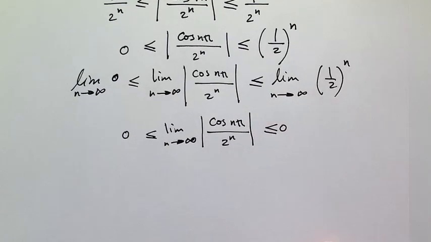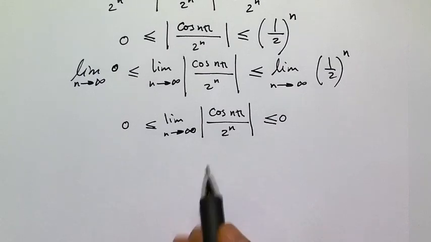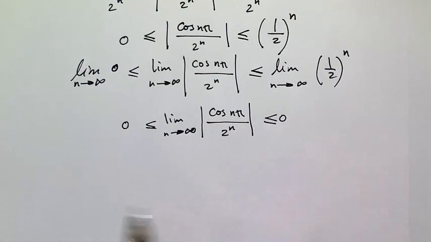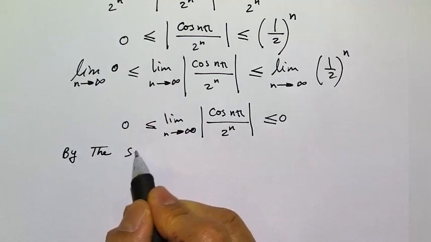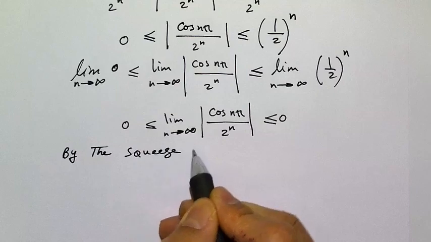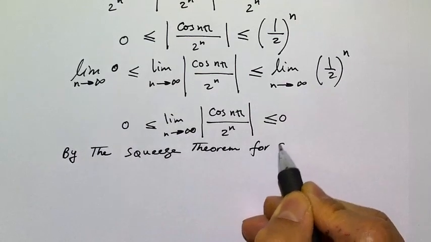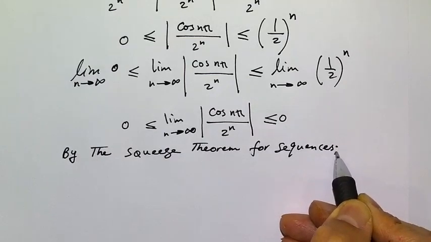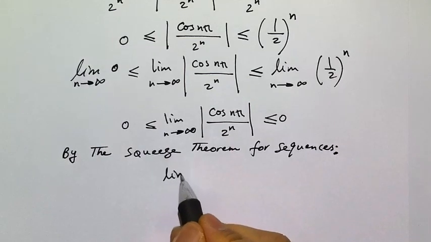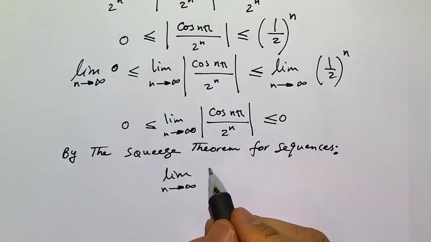And then by the squeeze theorem for sequences, right? By the squeeze theorem for sequences, then the limit of that must also go to 0.